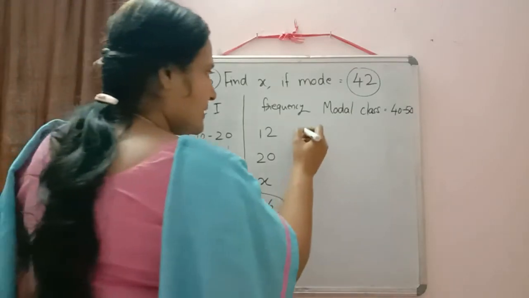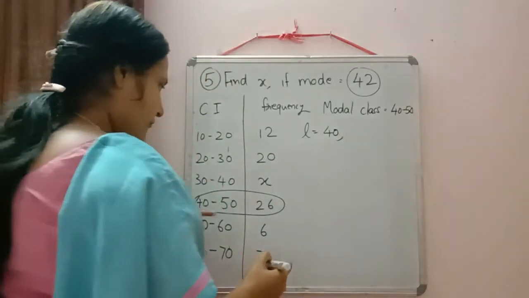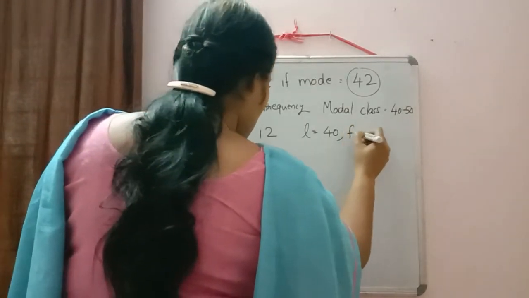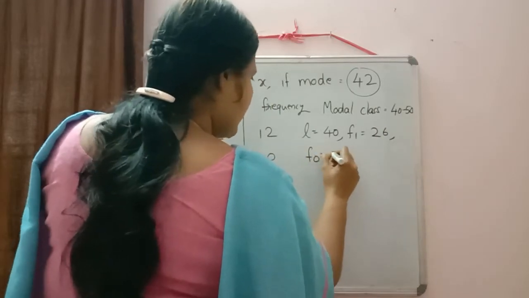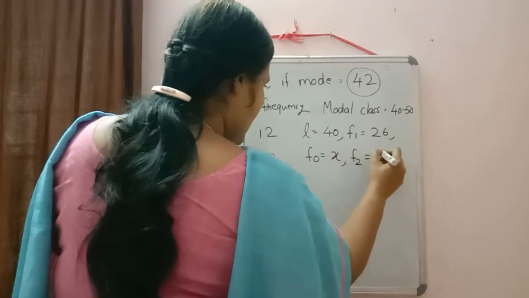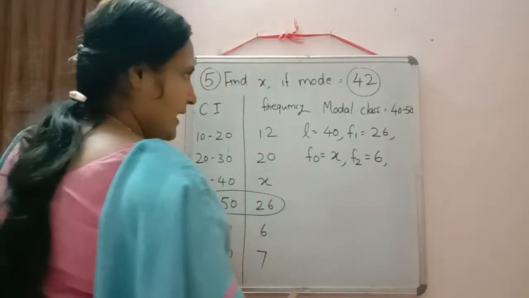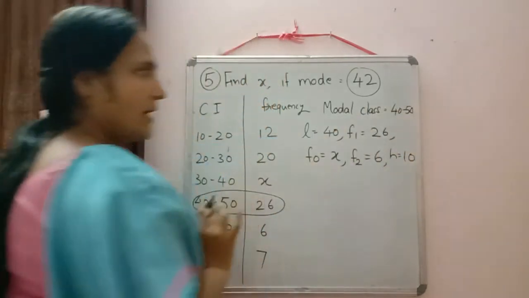Now rest all the things. The lower limit of the modal class, 40. Then F1, frequency of the modal class, 26. F0, frequency of the previous class, x. F2, frequency of the next class, is 6, and h, class size, is equal to 10, that is 50 minus 40.